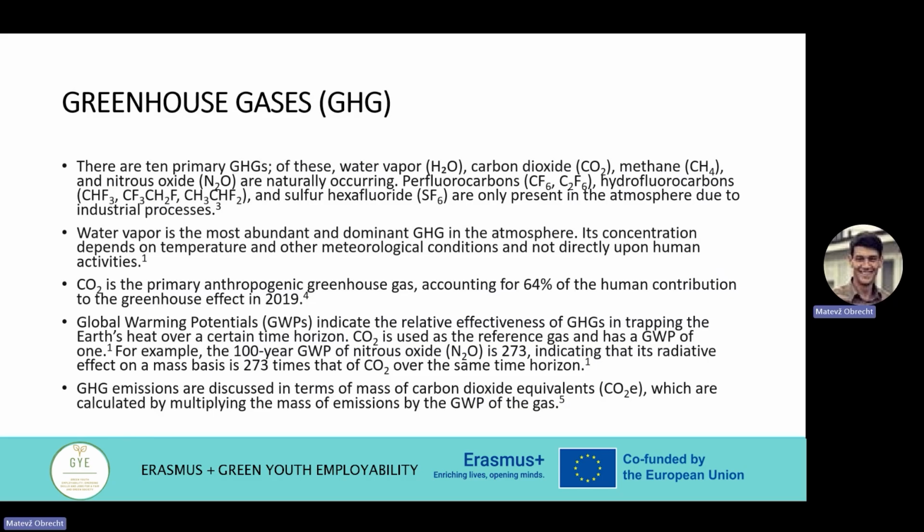If we compare it with, for example, nitrous oxide, whose GWP is 273, that means 273 kilograms of CO2 is equivalent to 1 kilogram of nitrous oxide. So its radiative effect on a mass basis is 273 times higher than CO2 over the same time horizon. So greenhouse gas emissions are discussed in terms of mass of carbon dioxide equivalent, and this could be multiplied by the mass of emissions.